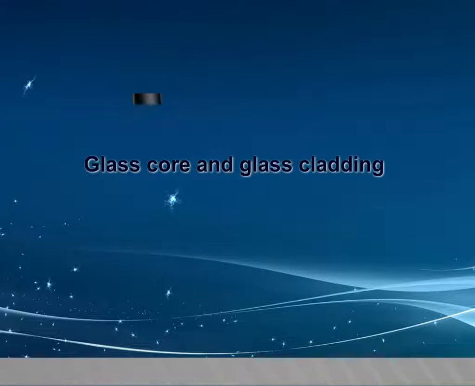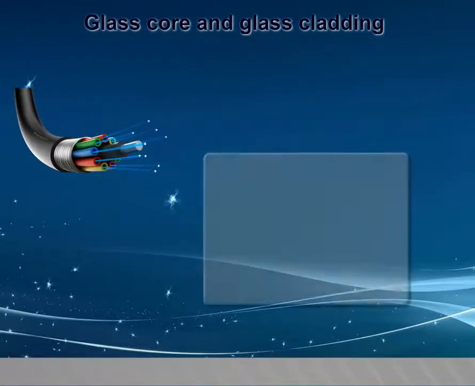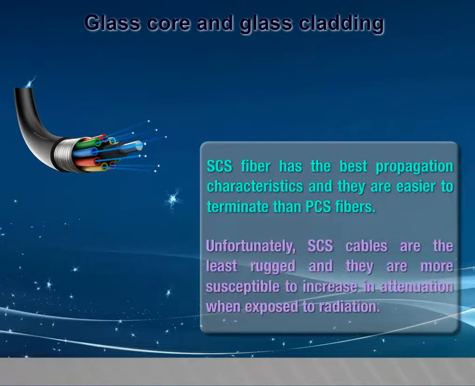Glass core and glass cladding. SCS fiber has the best propagation characteristics and they are easier to terminate than PCS fibers.